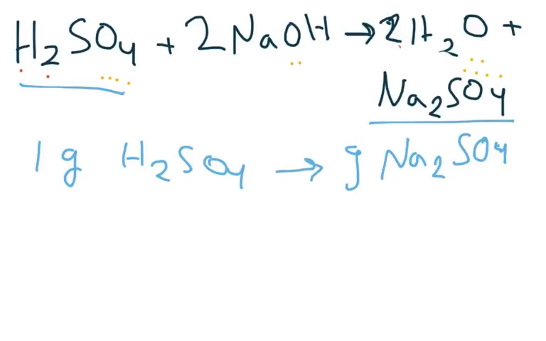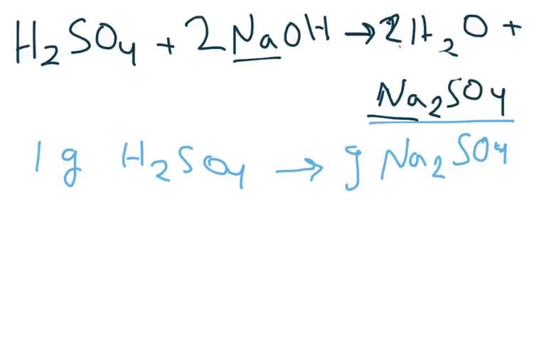So in this case, we have 6 oxygens reacting and 6 oxygens being produced. Okay, good. What about sulfur? We have one sulfur here and one sulfur here. What about Na? Two Nas here and two Nas here. So it's a very balanced equation.